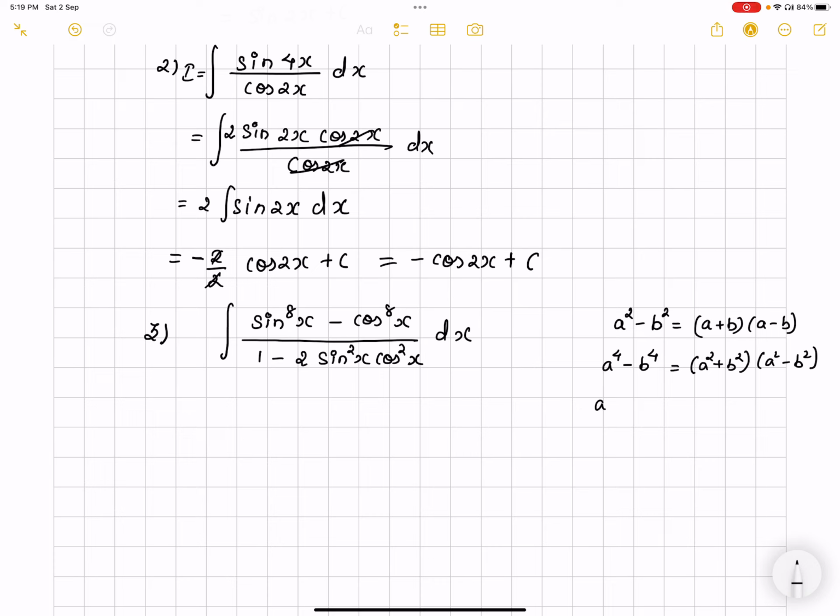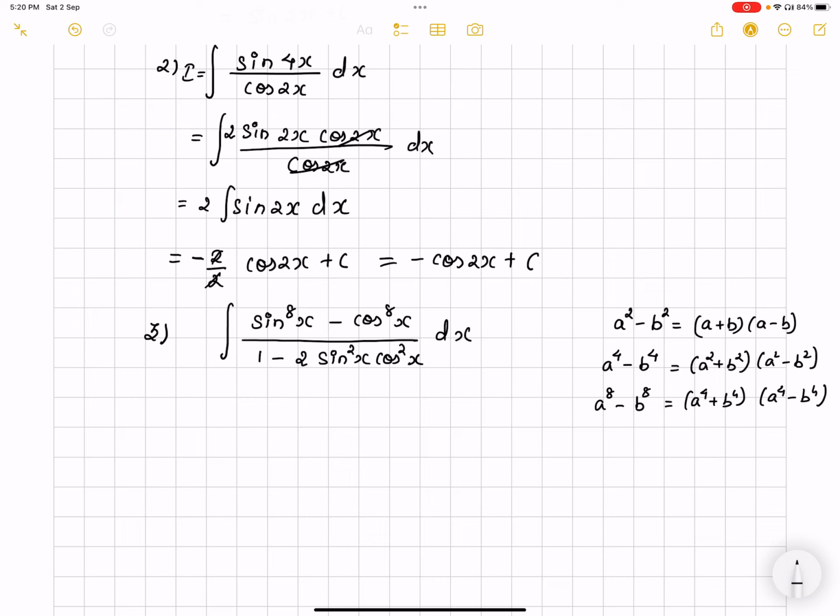If I have 8, a to the power 8 minus b to the power 8, I would be writing it as a to the power 4 plus b to the power 4 into a to the power 4 minus b to the power 4. This is how I split it.